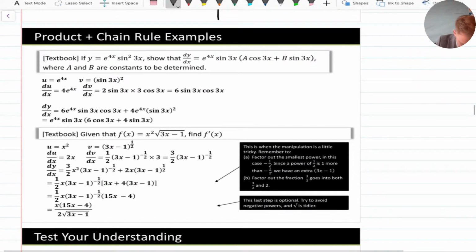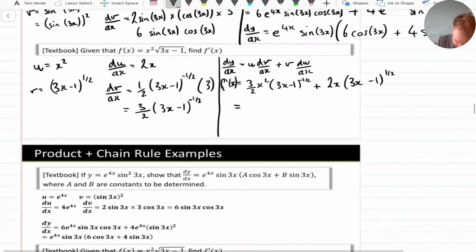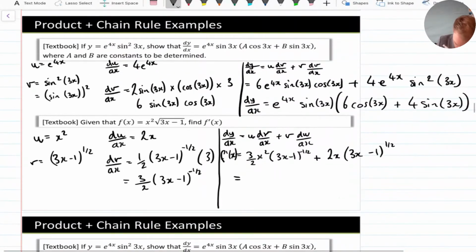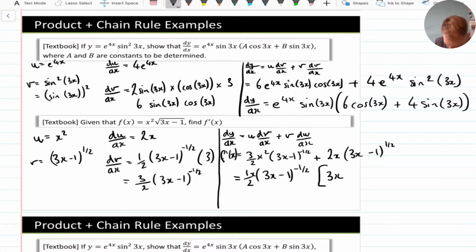They've taken out a half times by 3x minus 1 all to the power of a minus half. If you take out a half x from the first one, I'm going to be left with 3x because I've taken out the minus a half. If I take an x out of the 2x, I'm just left with 2.